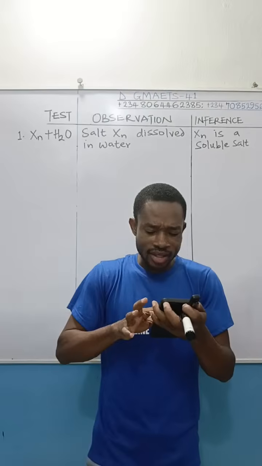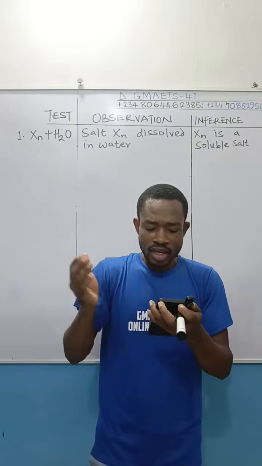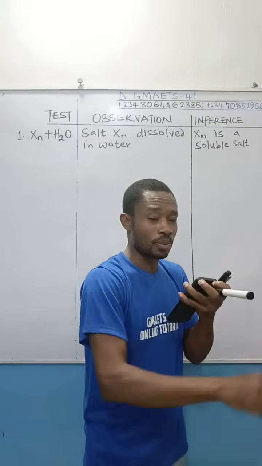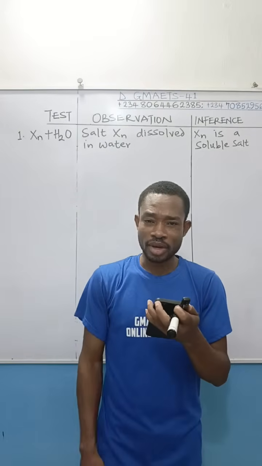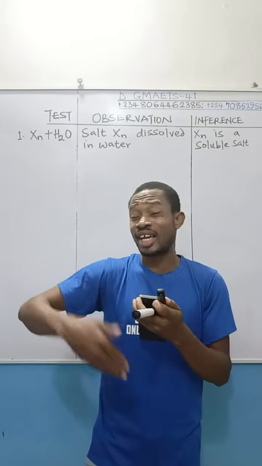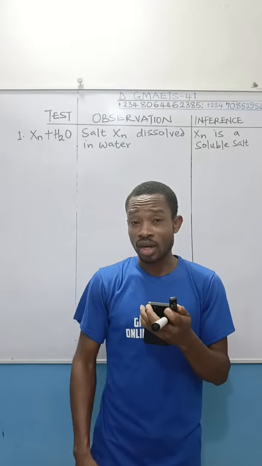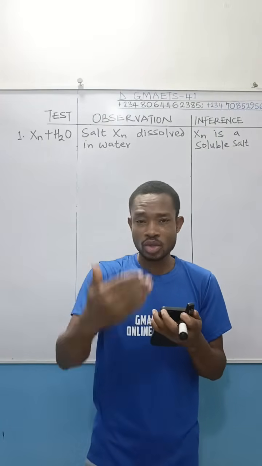If you look at the reagents, sodium hydroxide and ammonia, when they mentioned ammonia, the information about ammonia stopped there. They now moved on to the use of barium chloride. Barium chloride already tests for negative ions, SO3 2- and SO4 2-. So you want to bear that in mind.